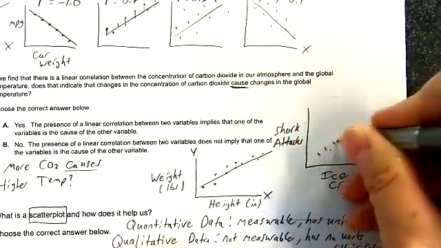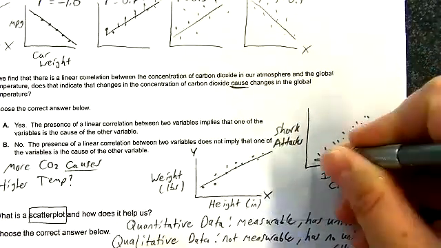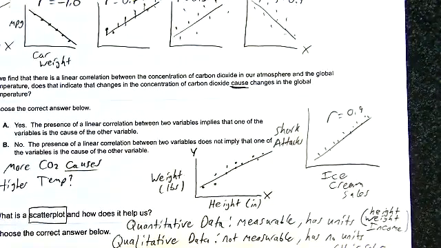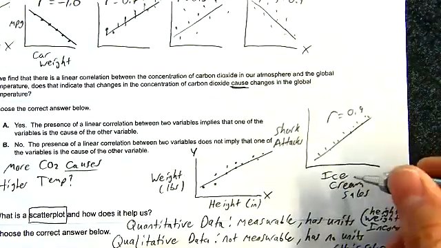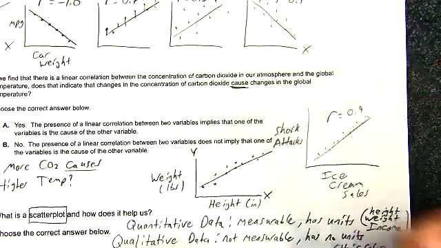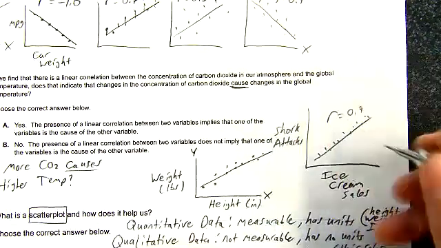And it's a pretty solid linear relationship, like an R of 0.9 or something. And then I can say ice cream sales cause shark attacks. More ice cream sales cause more shark attacks.